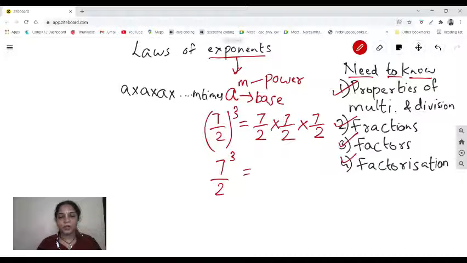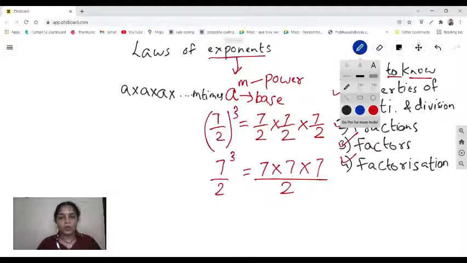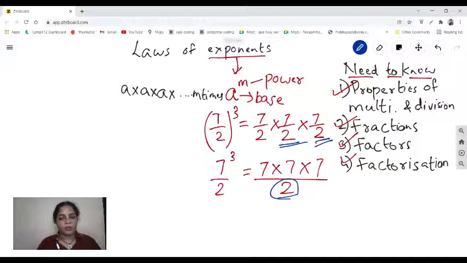The bottom one is 7 times 7 times 7 over 2. Do you see the difference between these two things? There are several twos in the bottom of the first, more than one. Here there's only one. And obviously the resultant answer is going to be different.